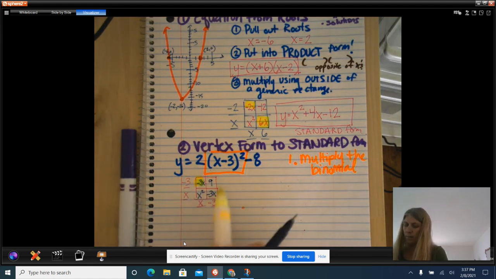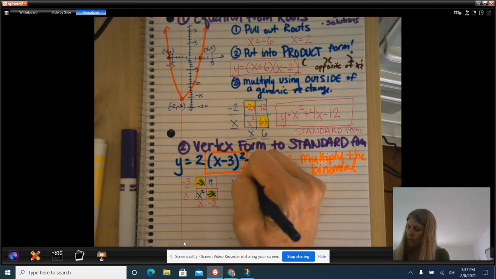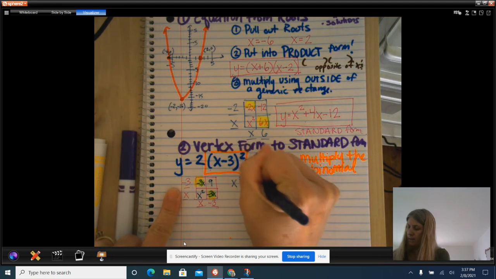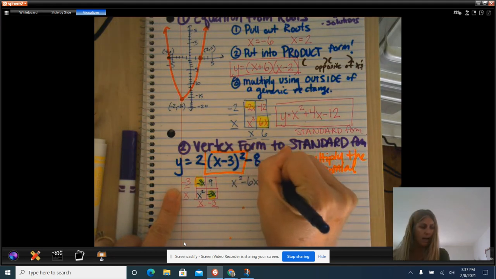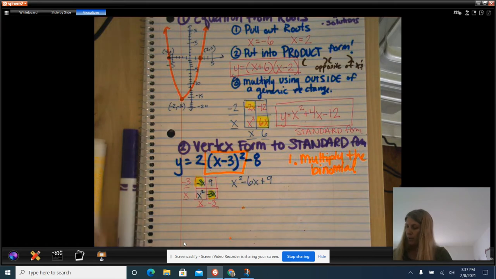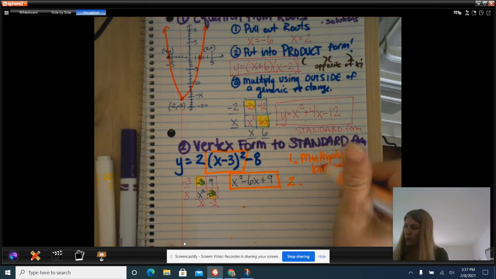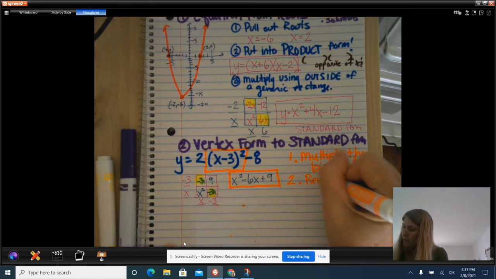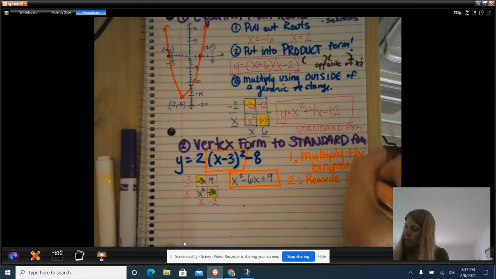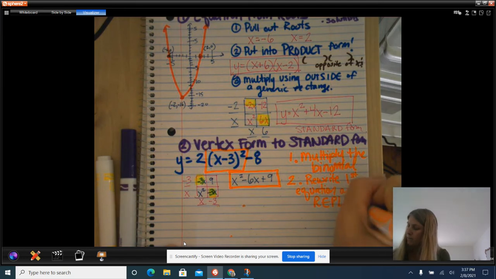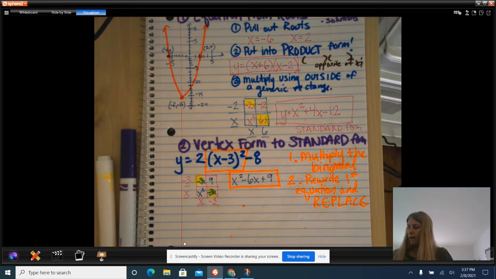We're going to go ahead and combine like terms. And we have x squared, negative 3x and negative 3x is minus 6x, plus 9. Okay, so what we are now going to do in step number 2 is rewrite the first equation and replace.